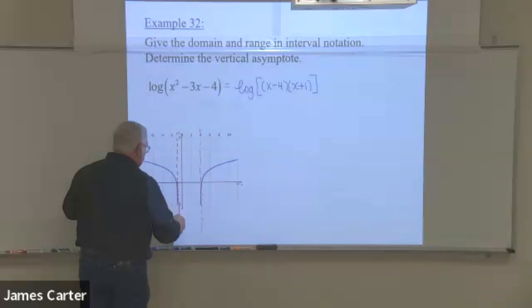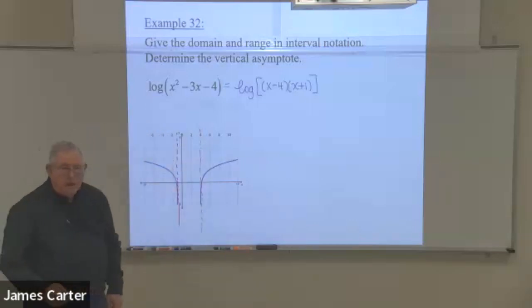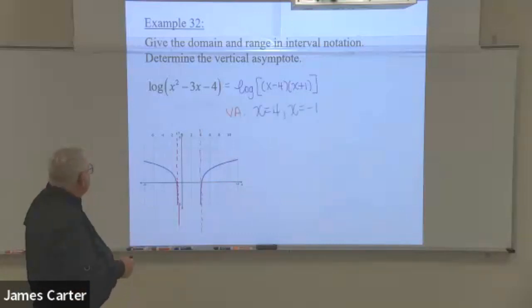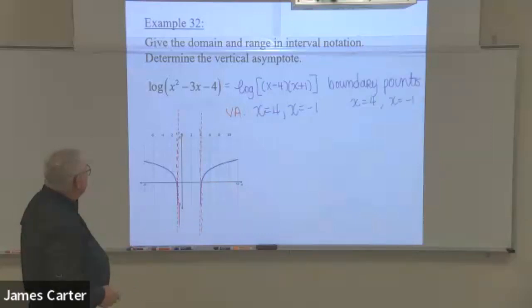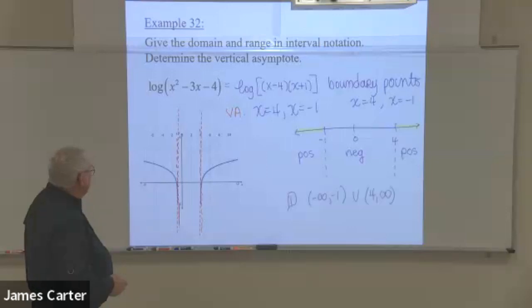Notice that my scale is by 2s. So in this case, I'm going to have a union because I've got gaps on my domain. So I have these two vertical asymptotes. Now they've drawn them in. These create boundary points for you, areas that can and cannot be counted.